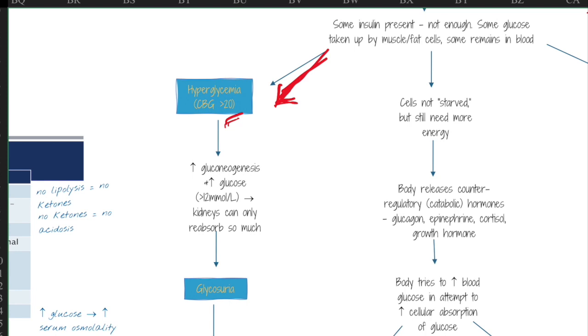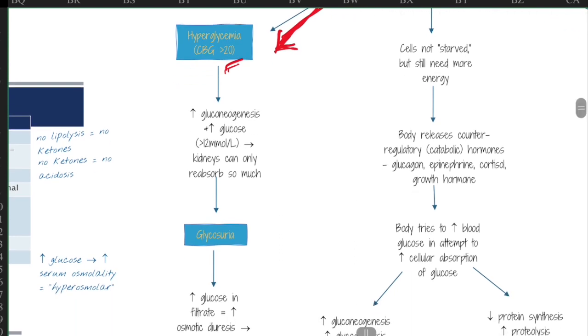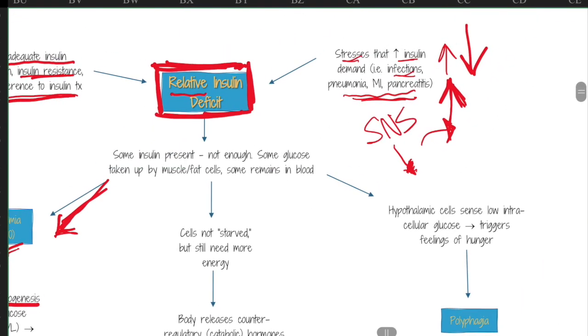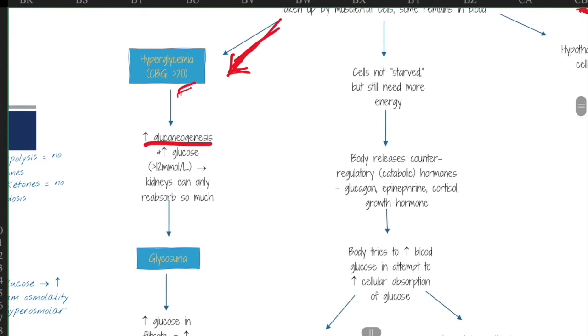When you have high glucose, hyperglycemia, right? You have so much going on. There's so much glucose in your system, again, because of gluconeogenesis, which we talked about over here. Normally, the kidneys actually reabsorb quite a bit of your glucose.